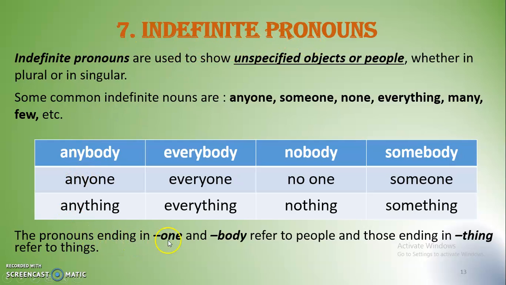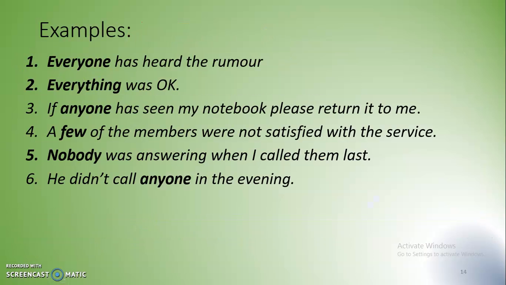The pronouns ending in mostly one and body refer to people, and those ending in thing refer to things. Okay, this is about indefinite pronouns. Let's see some examples. Everyone has heard the rumor.